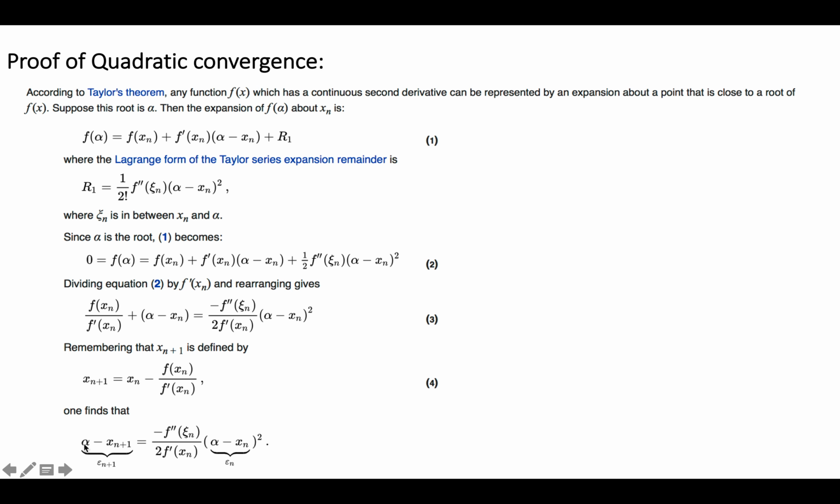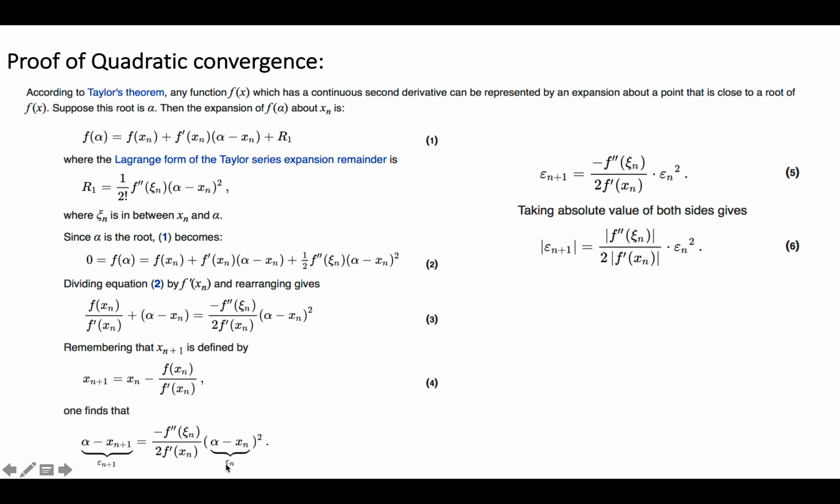So what is the value of alpha minus xn plus 1? This is the error at the (n plus 1)th iteration in the root with respect to the original root. So we write it as epsilon at n plus 1. Epsilon is error. Similarly, alpha minus xn gives the error at the nth iteration with respect to alpha in the calculated root. So we denote it as epsilon n, and substituting these values we get epsilon n plus 1 is equal to this division term multiplied by epsilon n squared.